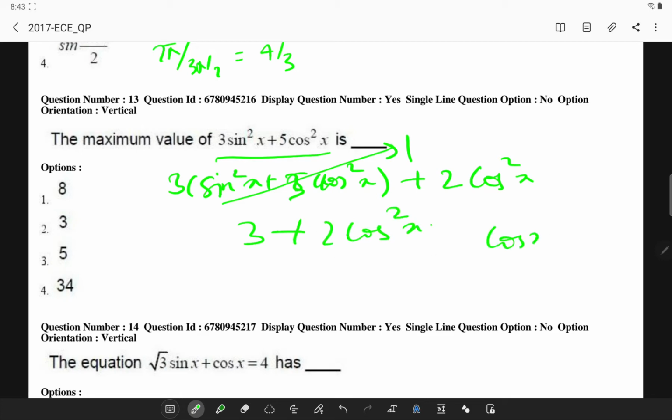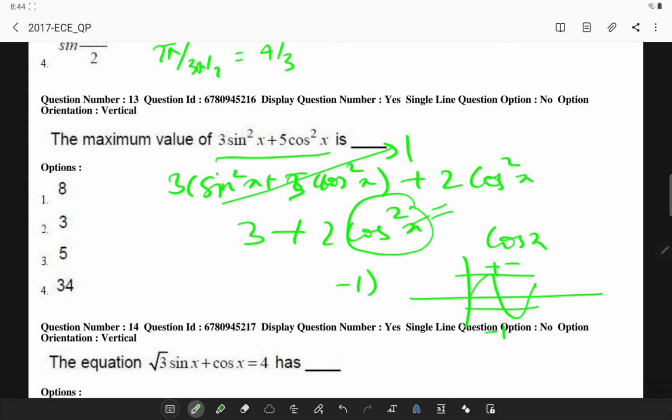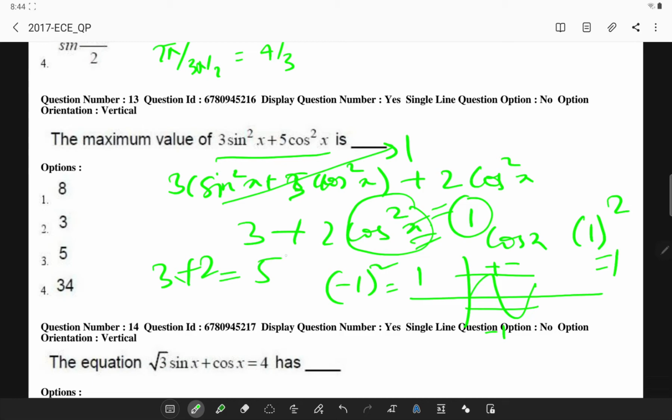If you draw the graph of cos x, the highest value is plus 1 and the least value is minus 1. Here you are squaring it, so even if you have minus 1, the square is 1, and even with plus 1, the square is 1. So I can simply substitute the highest value 1. So 3 plus 2 is simply 5.